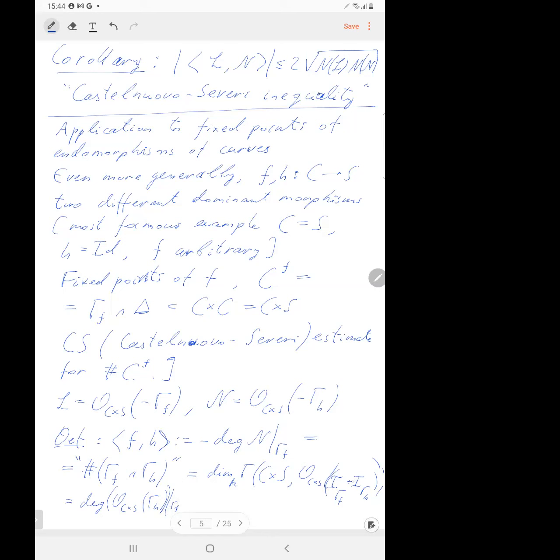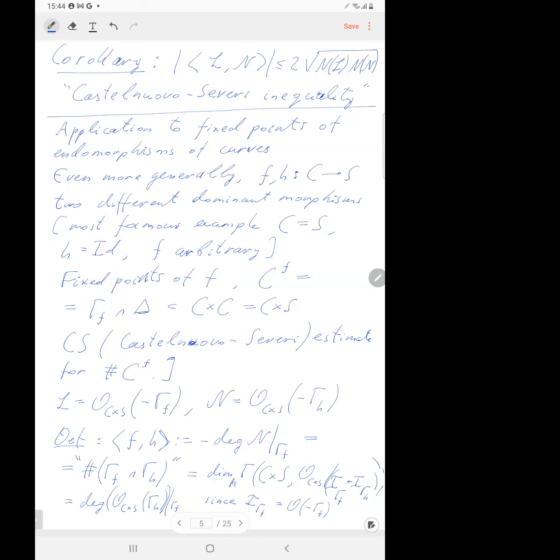Yeah, the ideal of, well, I don't know. Maybe let me try to fit it here, since the ideal of gamma F is O of negative gamma F. Yeah, our graph is a divisor, right?